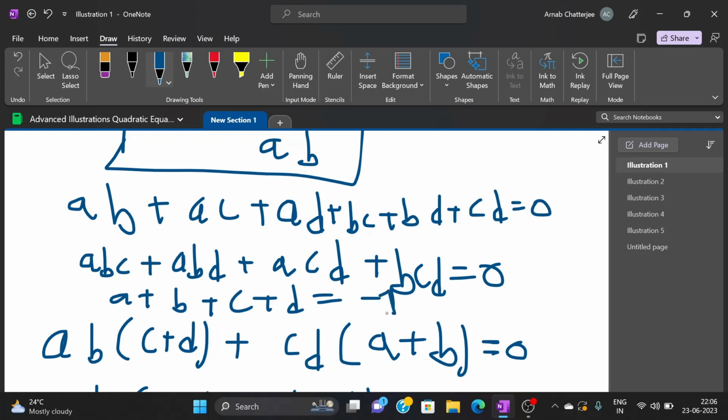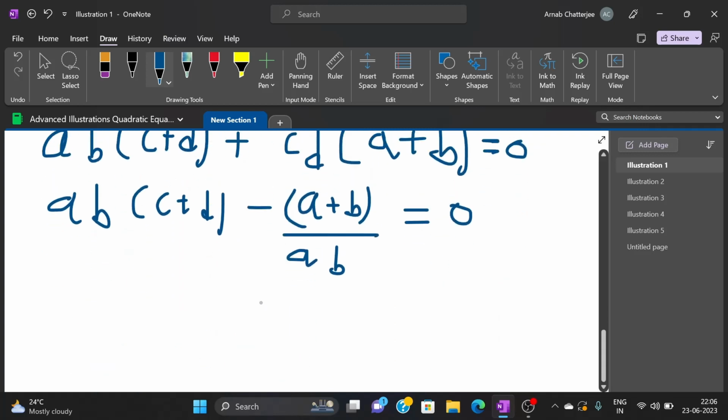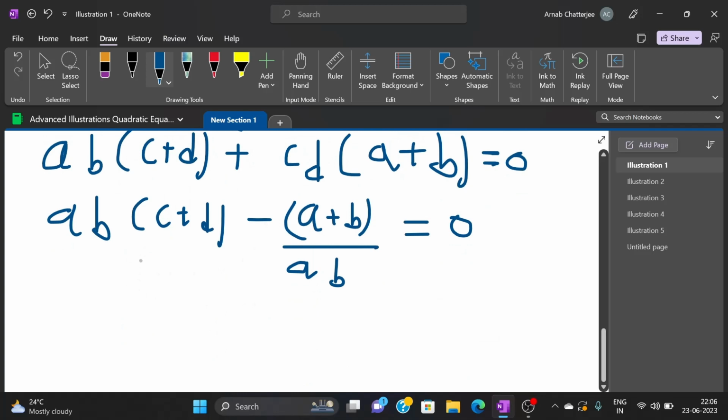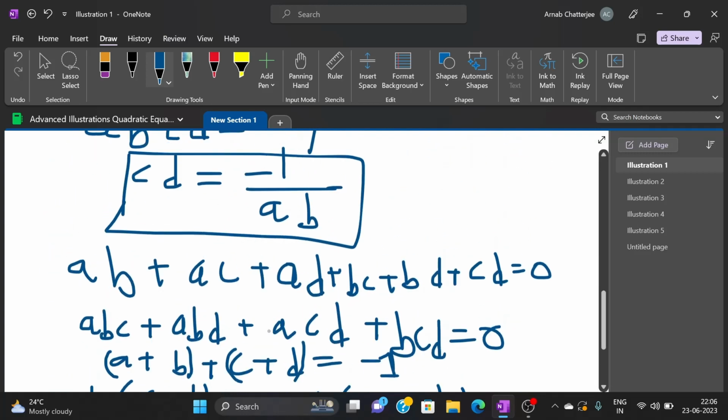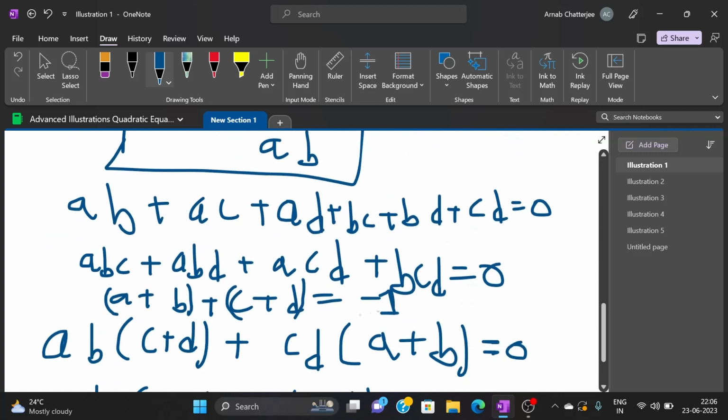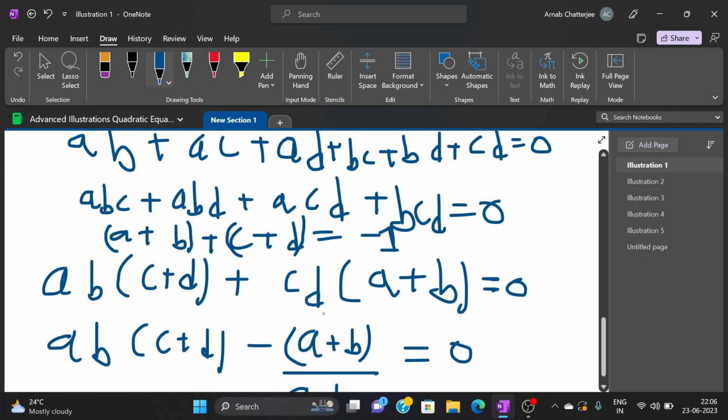And now what we will do, moreover, is consider A plus B in one bracket and C plus D in the other bracket. Why? Because we have C plus D on one side and A plus B on the other side, right? So we consider it in this equation also like that only.